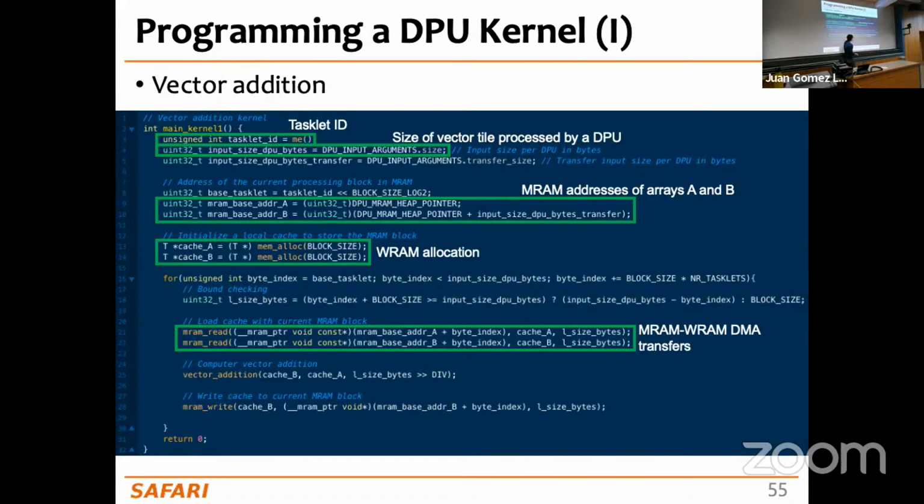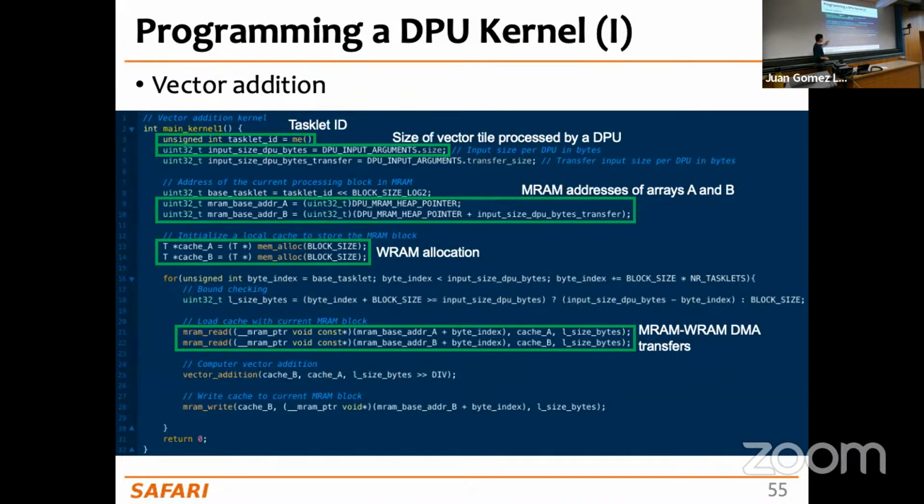We copy one chunk of L size bytes from address A in MRAM to cache A in WRAM, and from address B in MRAM to cache B in WRAM, right? Now the data resides closer to the pipeline, so we can compute the vector addition, operating on cache B and cache A.